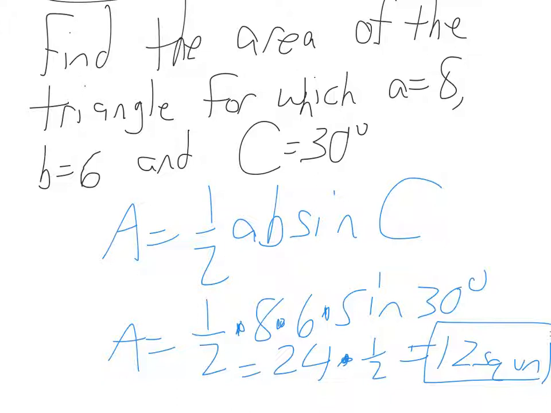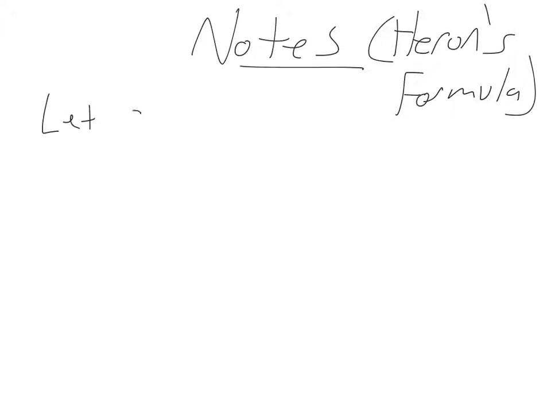Now we're going to find out how to find the area of a side side side triangle. This is what we call Heron's formula. Let small s equal the sum of the lengths of the three sides all divided by 2.